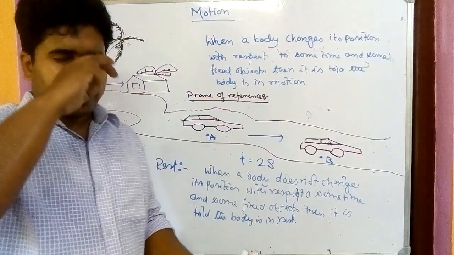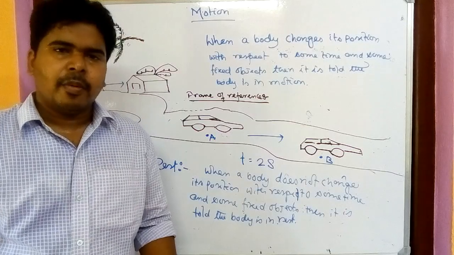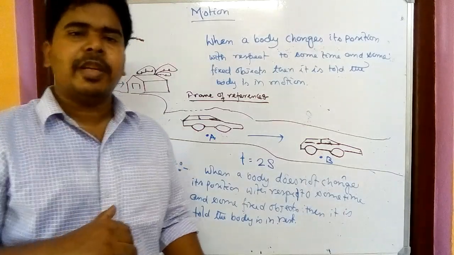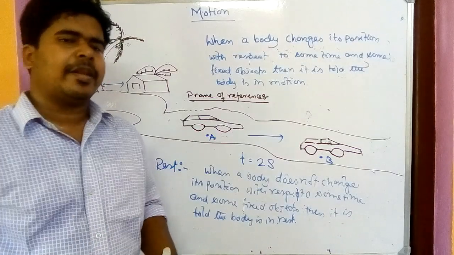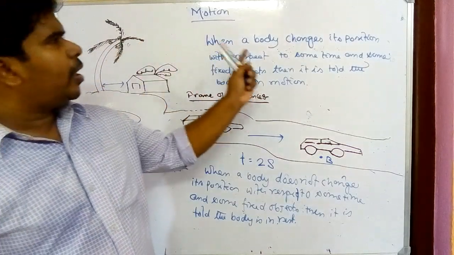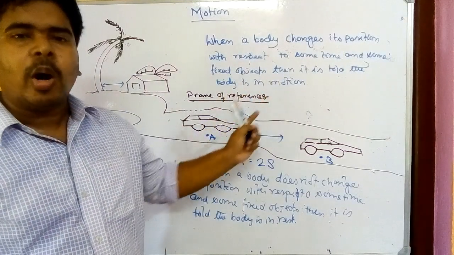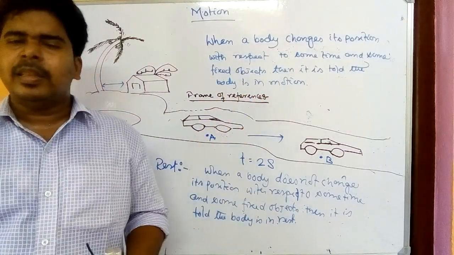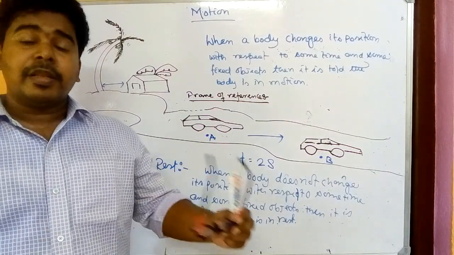This book, this copy, these are known as the reference by which you want to convince me that this answer you have written here is correct. So here we have seen that whenever we say a body is in motion or a body is at rest, one reference or many references are needed.